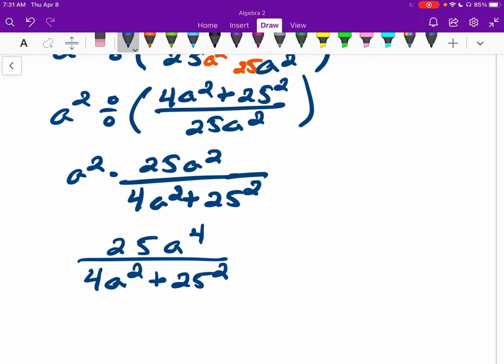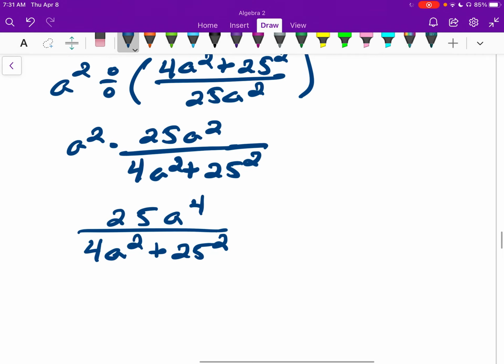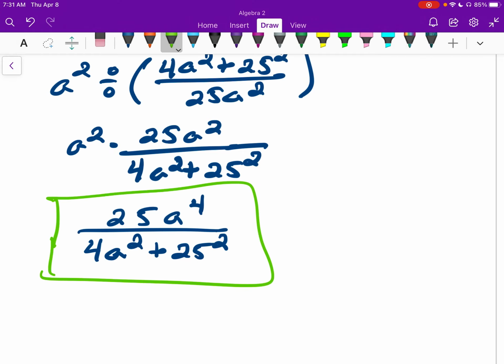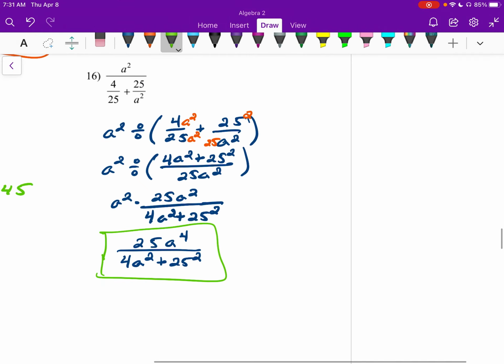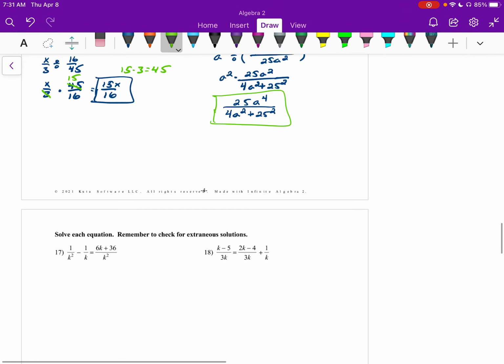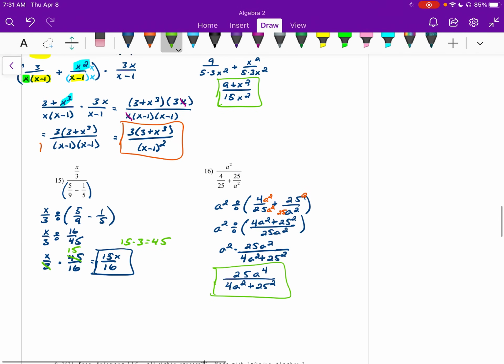And there we are. You can leave it like that, or you can change the 25 squared, which is something like 625. I'm not even going to write that down because I'm not sure about that. But this would be a good, appropriate answer. All right, that's that. I'm going to take a break, and then we'll come back and look at number 17.